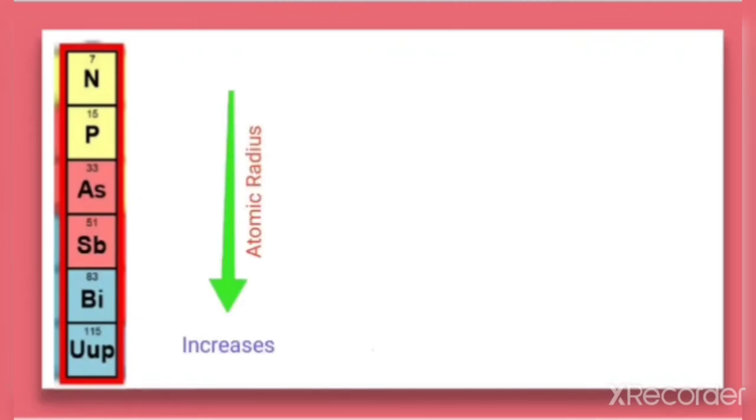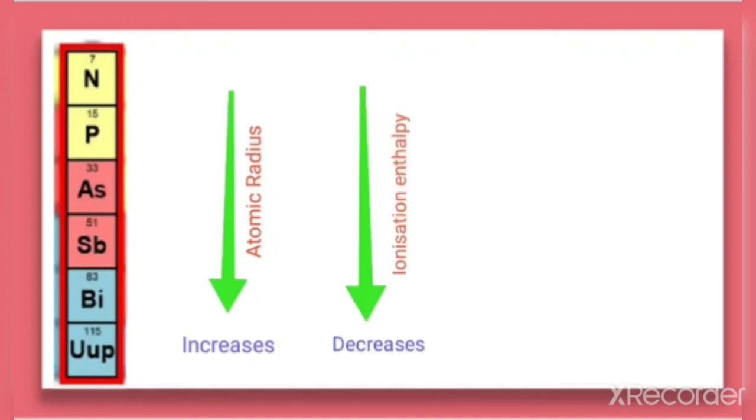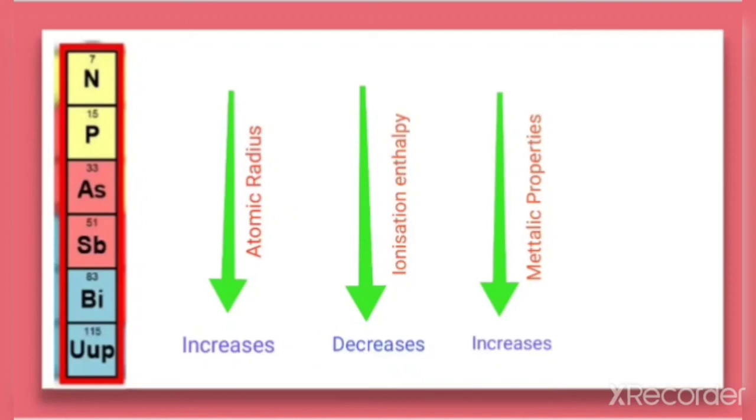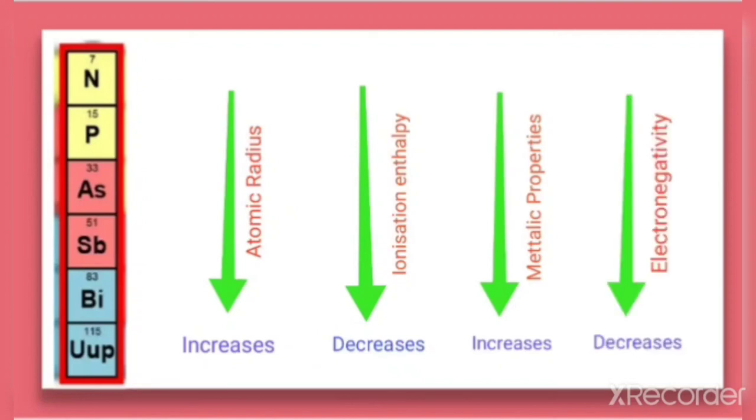It increases down the group because the number of shells increases. When the atomic size increases, the ionization enthalpy decreases because it is easy to remove the electron from a bigger atom. Metallic property increases from top to bottom, and electronegativity decreases from top to bottom.